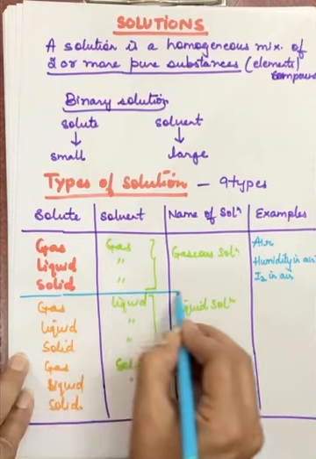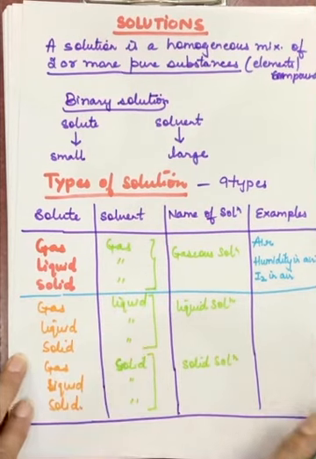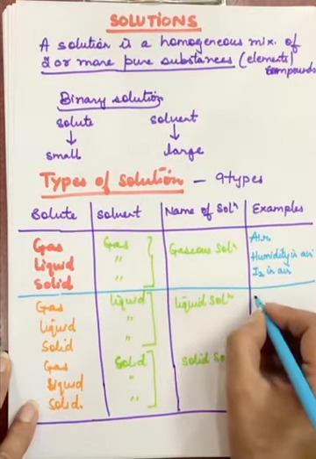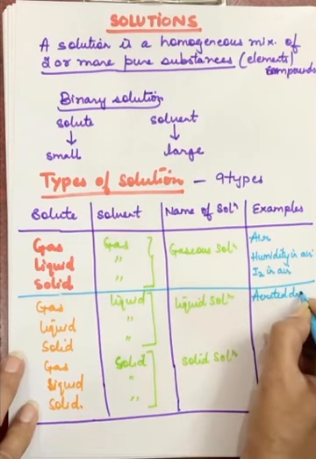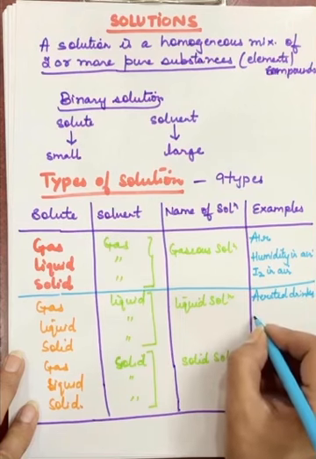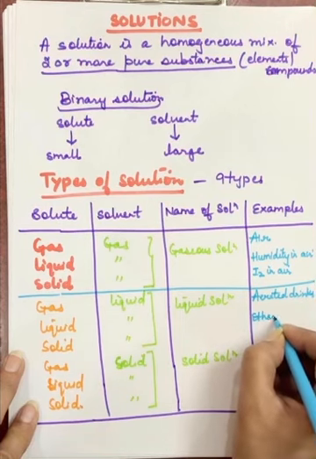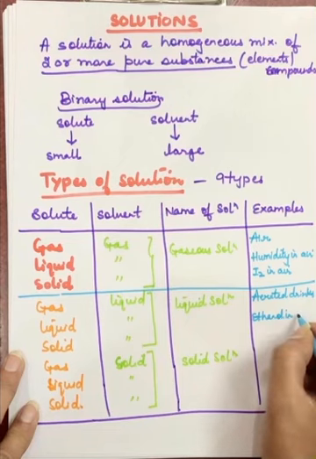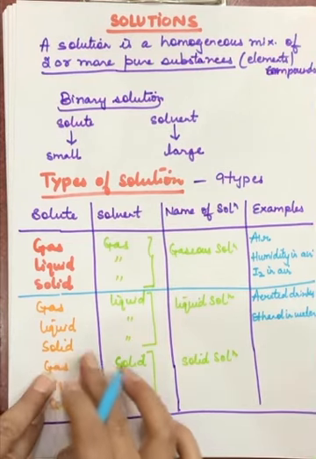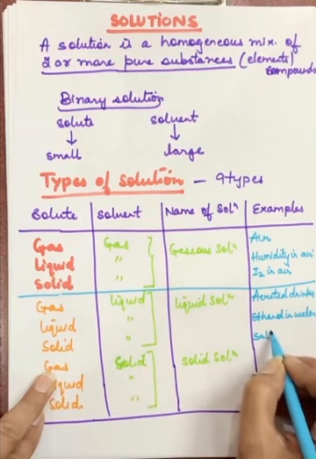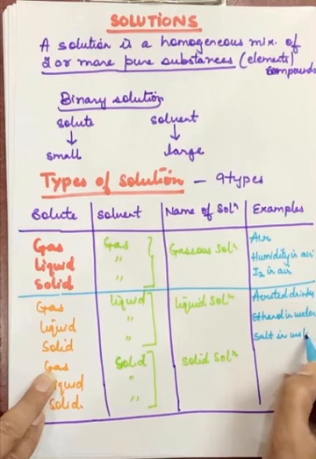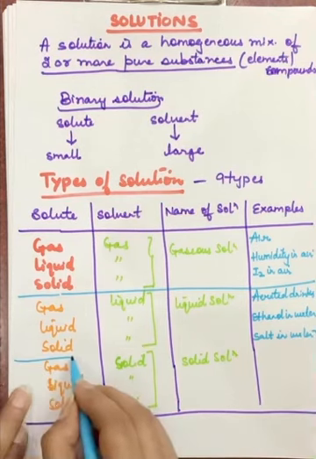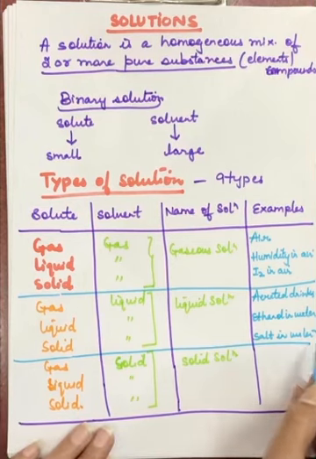Next we have liquid solutions. When gas is mixed in a liquid, the example is aerated drinks or soft drinks. Liquid in liquid: miscible liquids like ethanol in water, you can take acetone in water. Then solid in a liquid; basically these solutions only we study, like salt in water, sugar in water. Next after this, we have solid solutions.